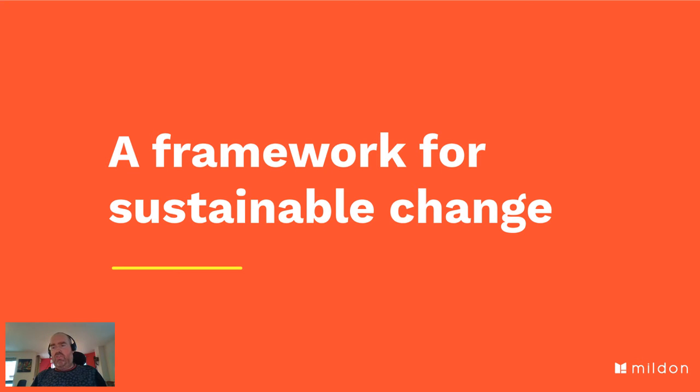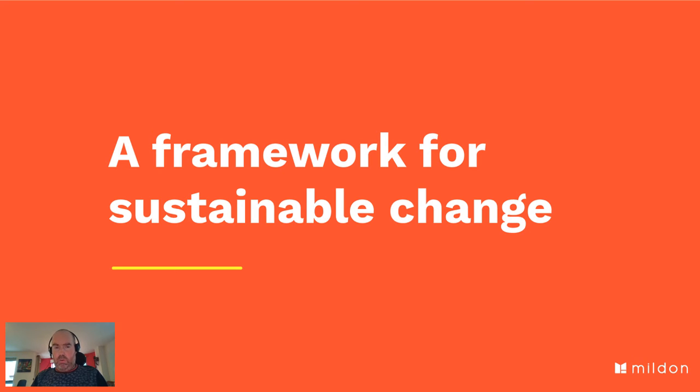So I just want to share with you a framework for sustainable change. I said earlier that a lot of organizations treat diversity and inclusion a bit like a box ticking exercise. I think this is one of my frustrations when I worked as an in-house diversity and inclusion manager in big organizations. And this is reflective of me talking with other D&I practitioners, sometimes D&I feels like a bit of a box ticking exercise.